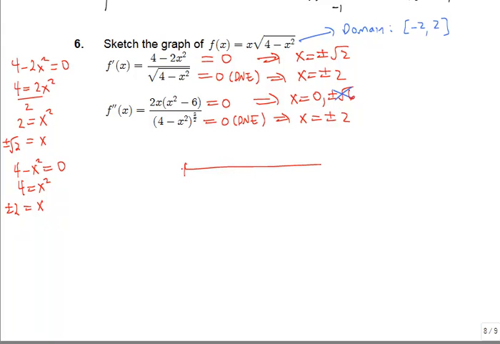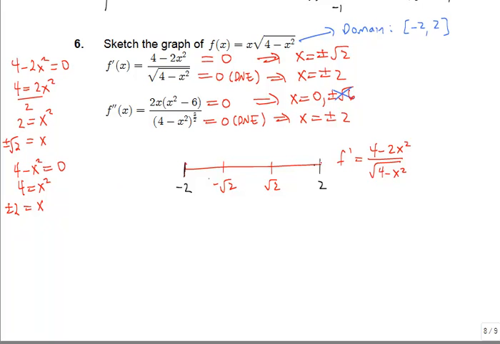Okay, so when I do my number lines, I'm actually going to be a little bit careful here, and I'm going to start my number line, let me use a different color here, at this domain range from negative 2 to 2. And I'm going to mark on there my critical numbers, which were those same 2 points, plus or minus 2, and then plus or minus root 2. And when I test, I just want to make sure that the test point that I pick isn't something bigger than 2 or smaller than negative 2, otherwise it won't be in my domain.